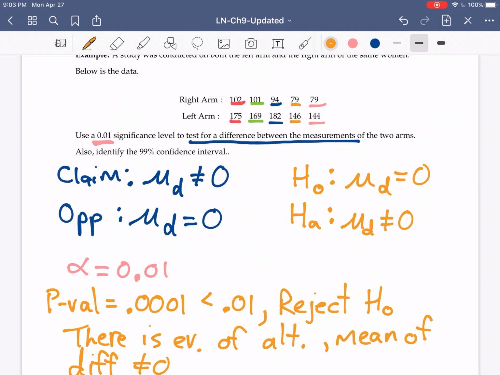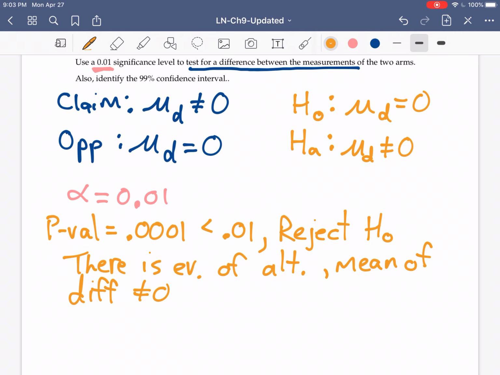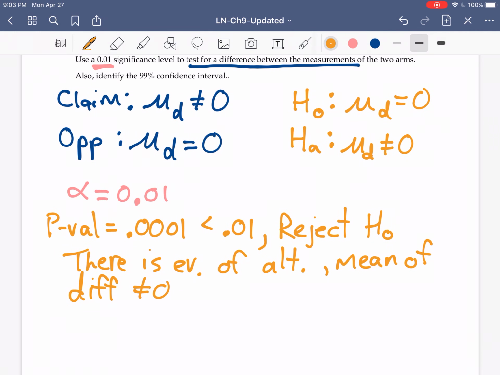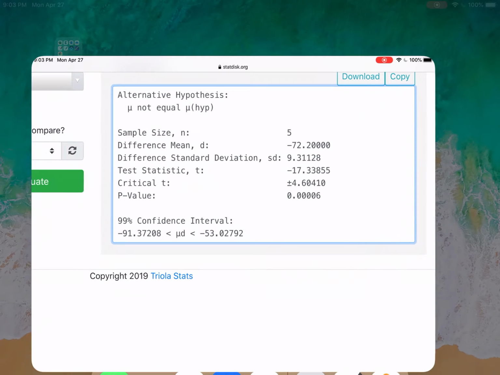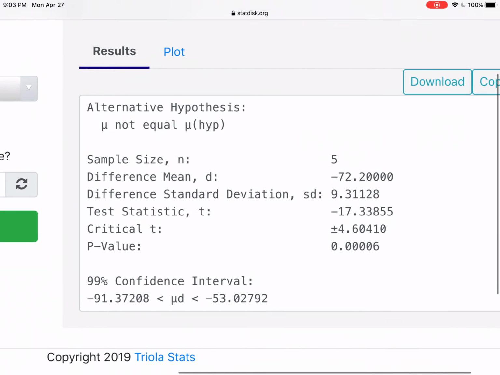So your blood pressure when you take it on the left arm and the blood pressure taken on the right arm, they do not appear to be the same. Now we're also going to construct our confidence interval. That is here as well.